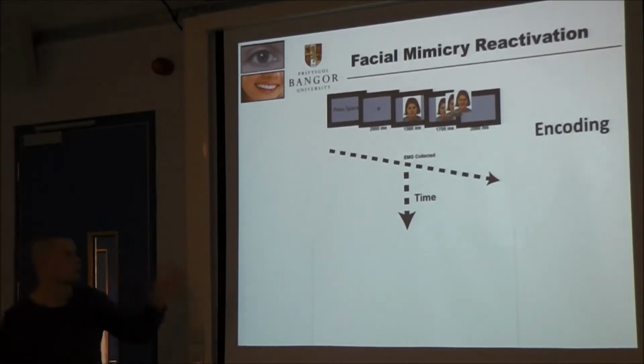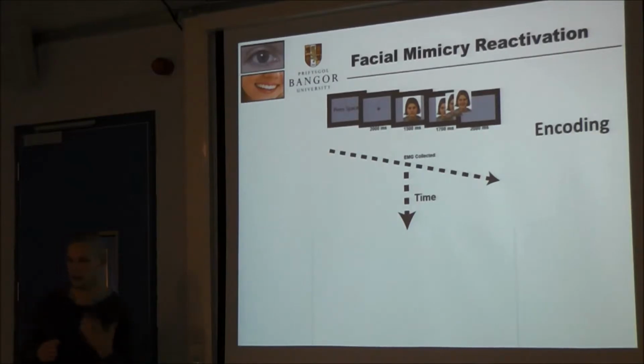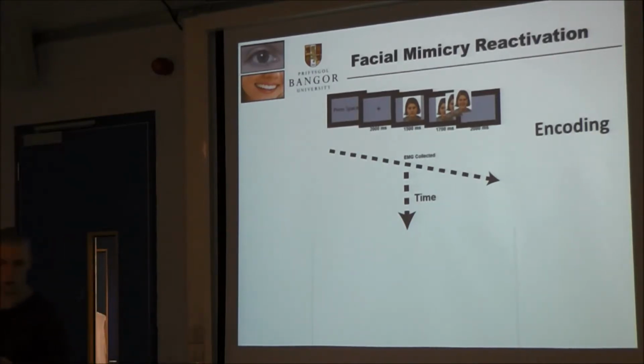And as I say, the important thing is the participants are getting this experience of every individual having a consistent emotion, either always happy or always angry. And this is where we predict, firstly, that we should see facial mimicry effects, but also that learning should occur.